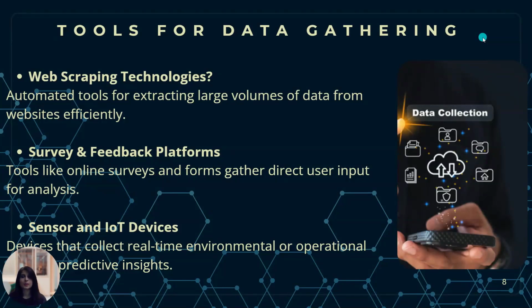The next would be survey and feedback platforms, tools, online surveys, and different forms. They would be gathering direct user input for analytics. And finally, sensors and IoT devices. These are devices that collect real-time environmental or operational data for predictive insights.